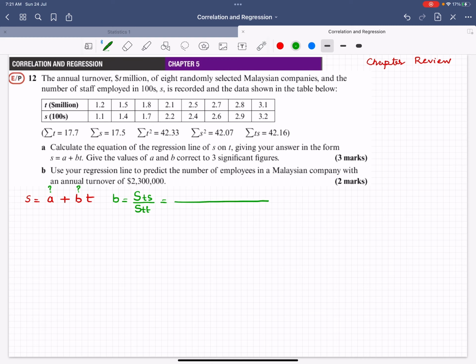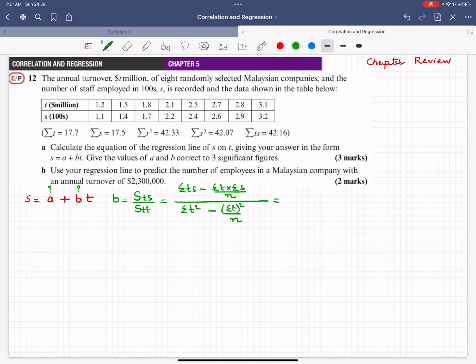STS, which is the numerator, is sigma TS minus sigma T times sigma S divided by N, and STT is sigma T squared minus sigma T the whole squared divided by N. Let's plug in the values. We are given the values here. So we'll pick up the required value and substitute in the right place.